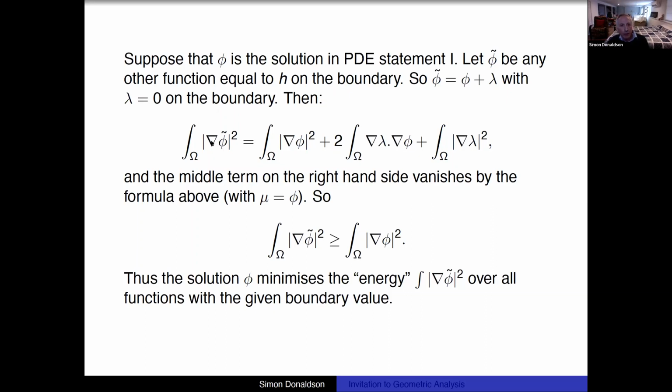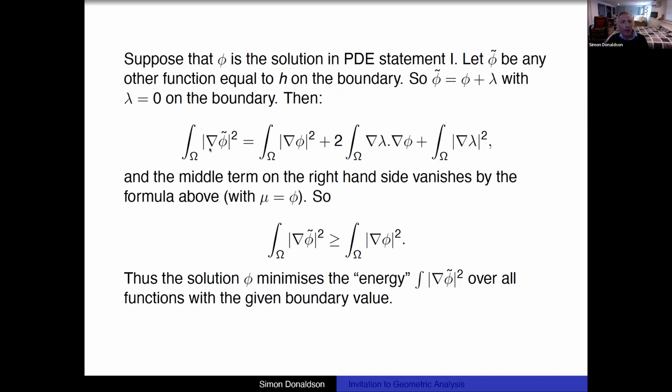So this is, in the notation we had before, the inner product of the derivative of phi tilde with itself, of course. So we just expand this out, we get 3 terms, and the identity that we wrote down before, applied with mu equals phi, is exactly what we require to show that this middle term is 0.